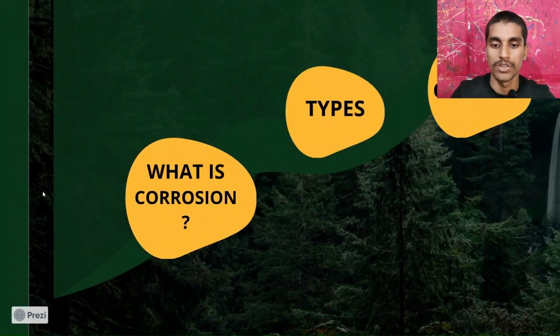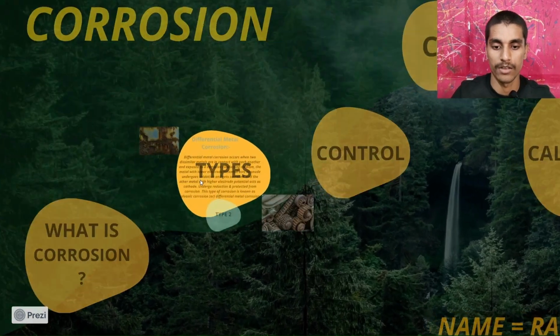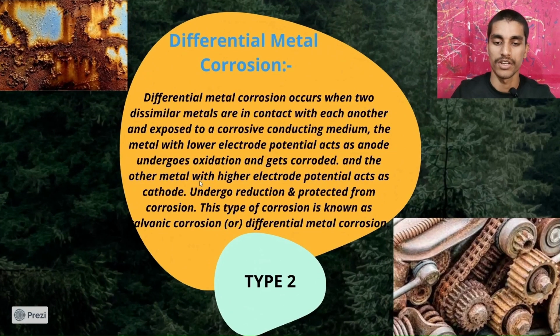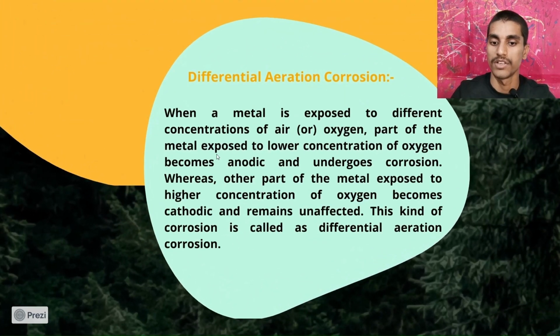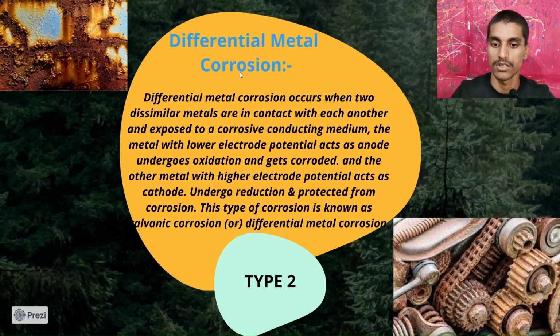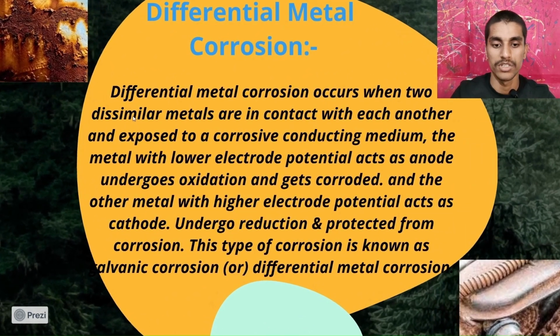Now we are going to its types. There are mainly two different types of corrosion. The first one is differential metal corrosion and the second one is differential aeration corrosion. The first one is differential metal corrosion. It occurs when two dissimilar metals are in contact with each other and exposed to a corrosive conducting medium.